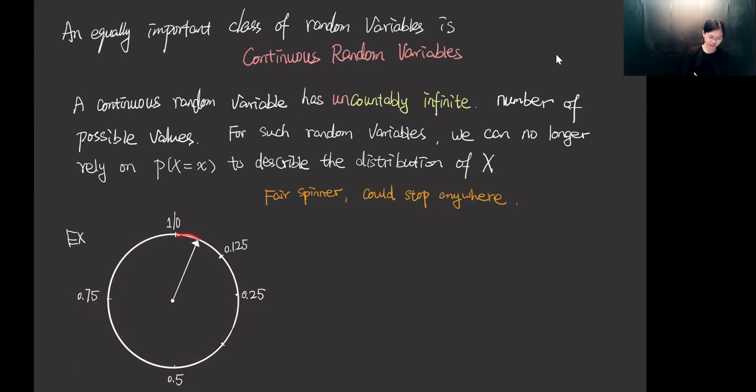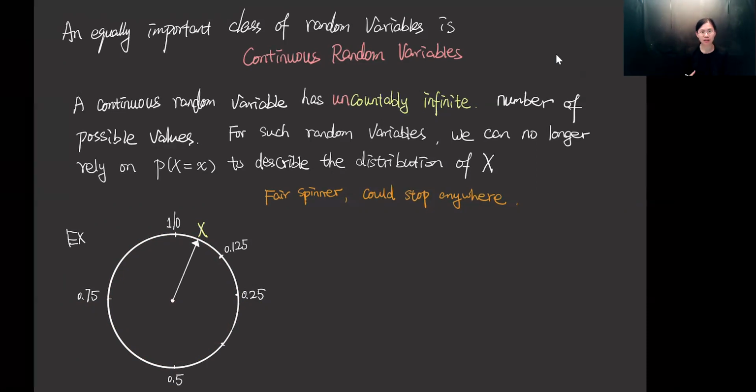Let's suppose that the points on the circle are numbered evenly in this way. Then where the spinner stops, the number corresponding to the location where the spinner stops is the random variable X. As you can see, this random variable X is not a discrete random variable because the spinner could stop anywhere around the circle.